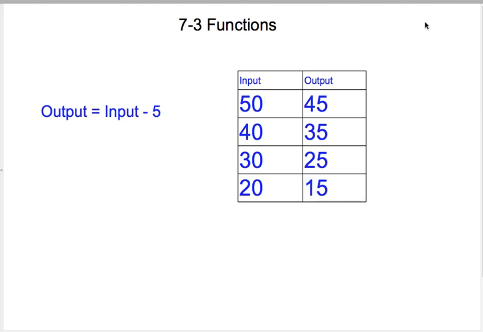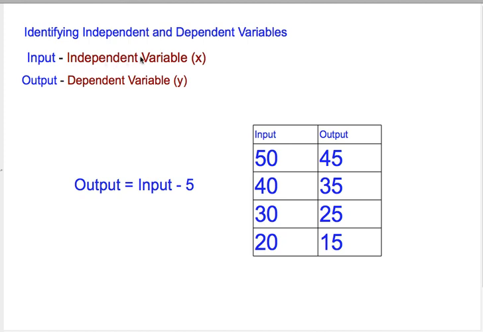Now I start by talking about input and output because those words make sense. In mathematics we actually use independent variable and dependent variable. So the input we call the independent variable x, and the output we call the dependent variable y. So rather than writing output equals input minus 5, we would write something like y equals x minus 5.